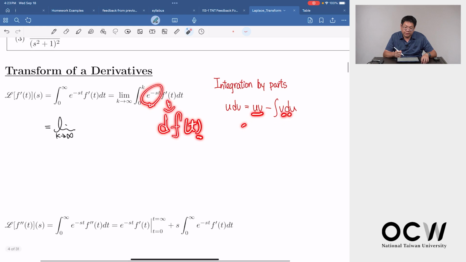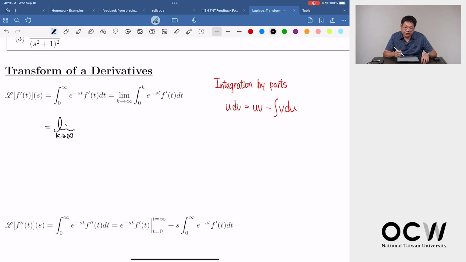So uv, there will be e to the minus st times the function of f. That's e to the minus st f of t. And here t is from 0 to k. Minus v du integration. Oh, we also need a limit.